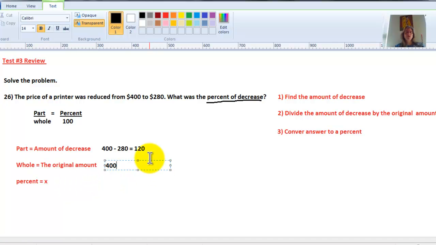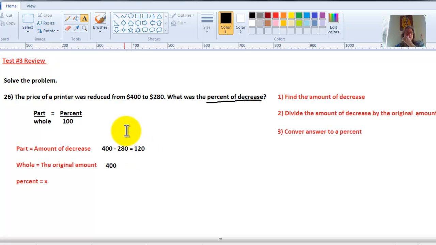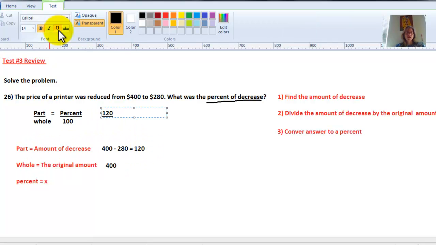And the percent is X. So let's plug in our values. We have 120 for the part. We have X for the percent. And we have 400 for the whole. And we have 100.